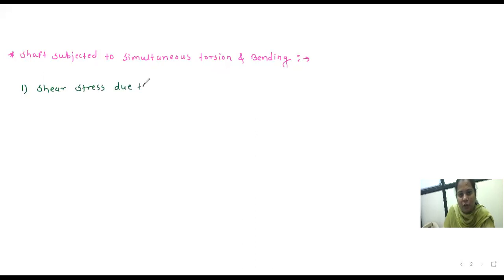Shear stress due to torsion, that is tau, which is equal to T into R divided by J. So due to torsion, shear stress will be generated, and this shear stress is denoted by using tau, and equation is tau, which is equal to T into R divided by J.